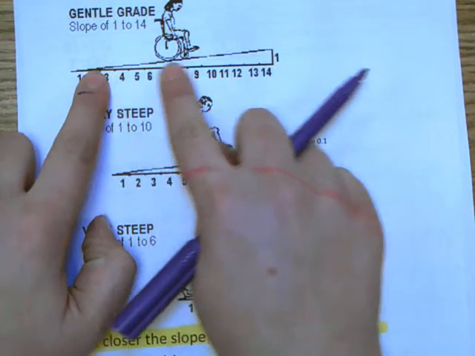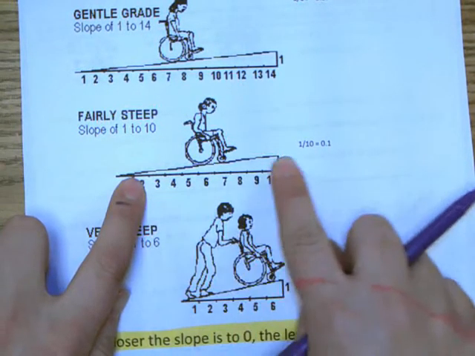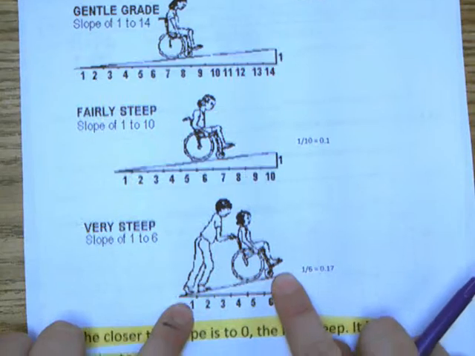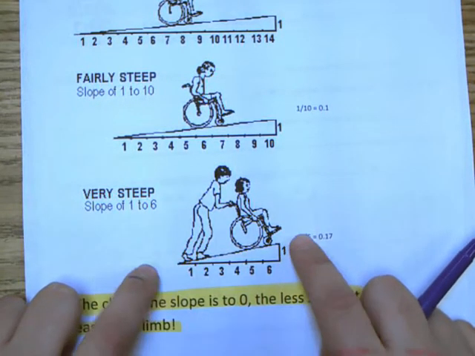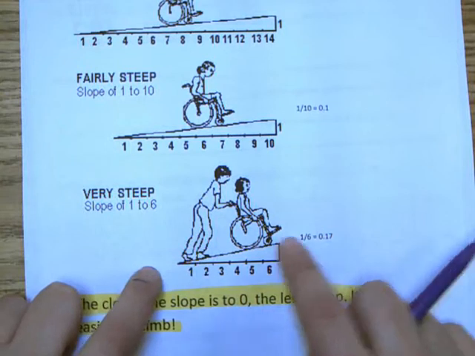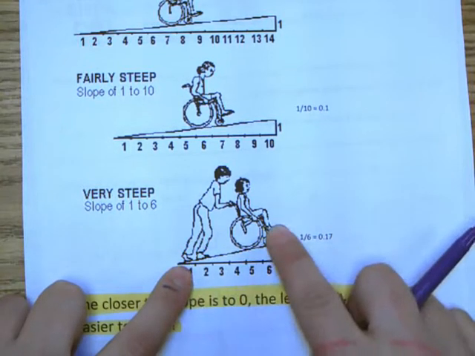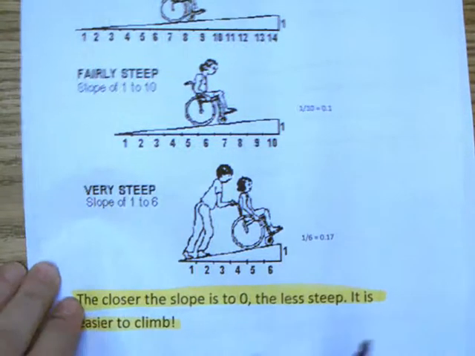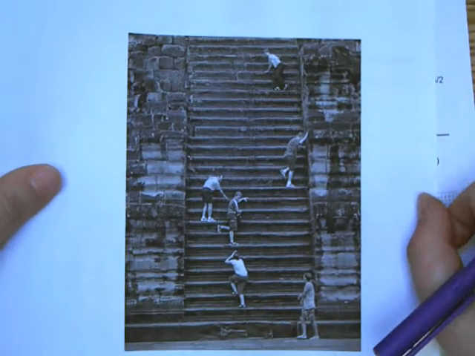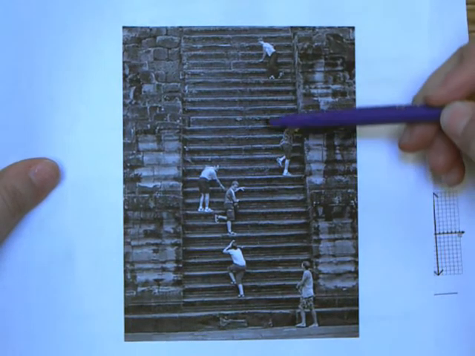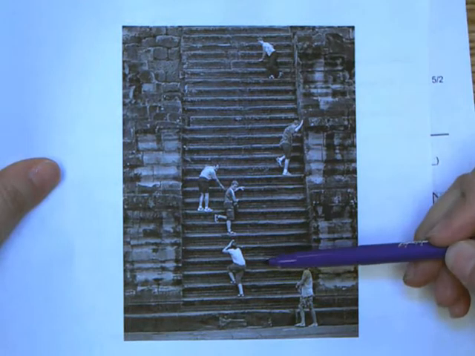This one is more flat, this one's a little bit less flat, and this one is the ramp that is the least flat. So you're going more uphill. This one is very difficult to climb. It's very steep.